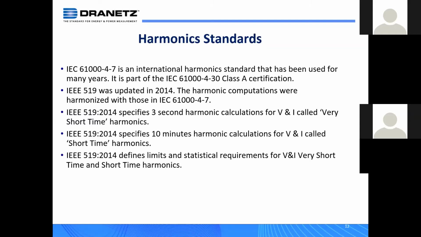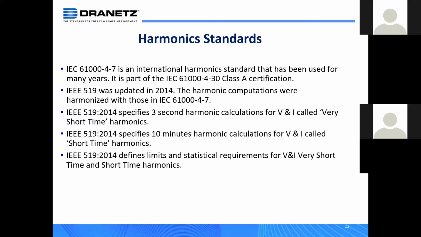Then they said we're going to look at a longer period of time, and they specify 10-minute harmonic calculations for voltage and current called short time harmonics. This is new terminology as of IEEE 519-2014, which is about 6 years old right now. They also defined limits and statistical requirements for both short time and very short time harmonics, and that's part of the compliance report.